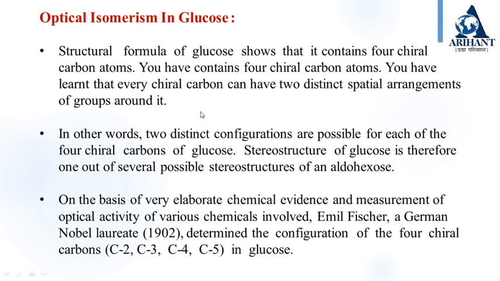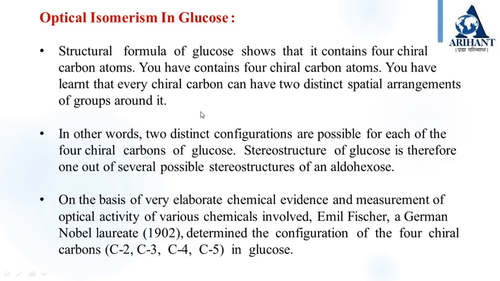The structural formula of glucose shows that it contains 4 chiral carbon atoms. You have learned that every chiral carbon can have 2 distinct spatial arrangements of groups around it. In other words, 2 distinct configurations are possible for each of the 4 chiral carbons of glucose.